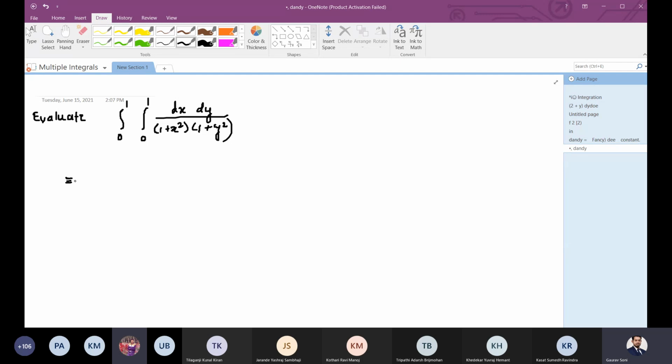So both limits are constant, sir. Yes. Then we have to integrate first by dx. So tan inverse x we get, and after that we integrate tan inverse y. Okay. Anything else? Anyone have any other way of solving it?